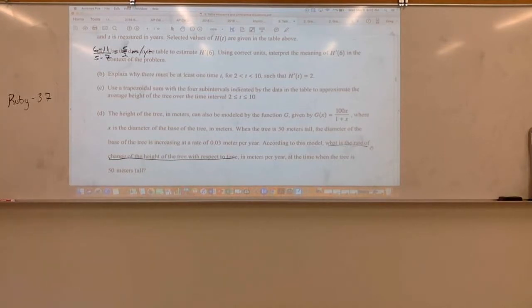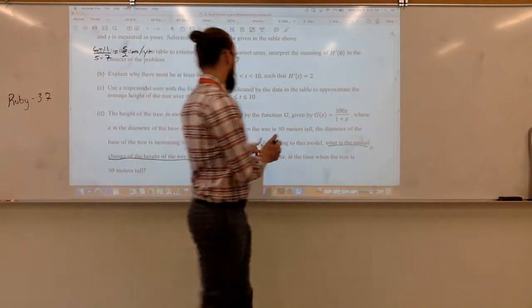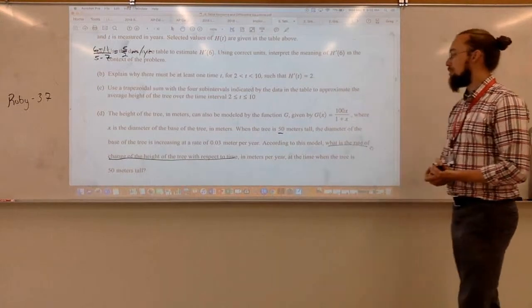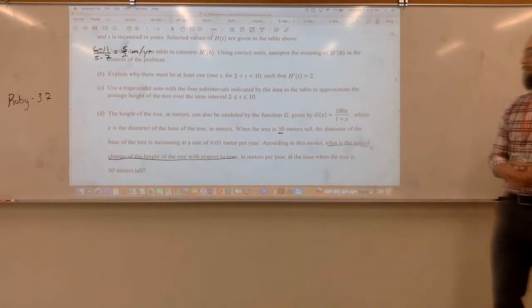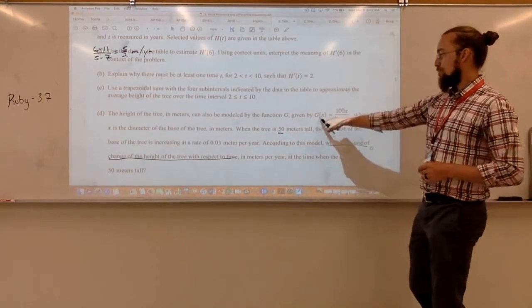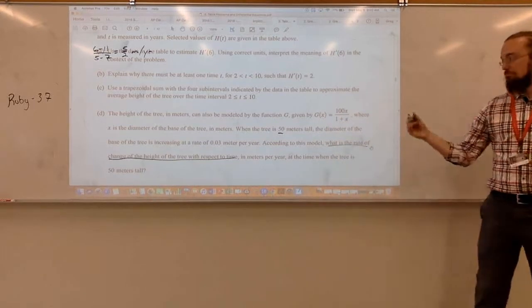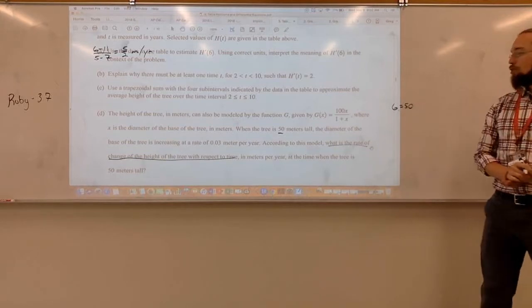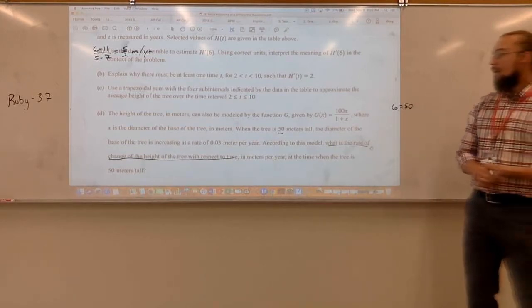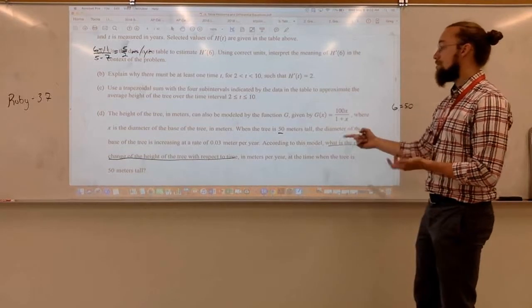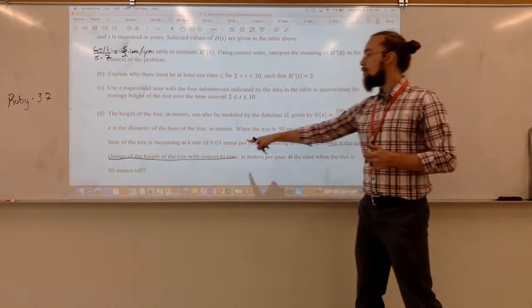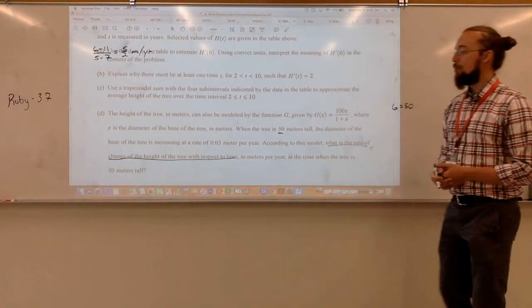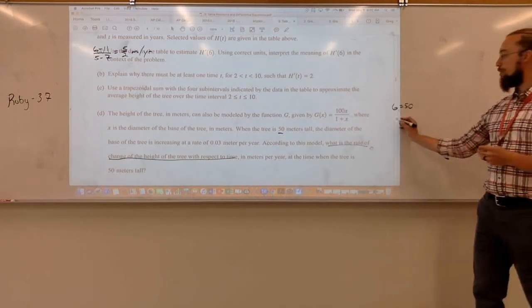Okay, so what we know is that the tree is 50 meters tall. We're saying that G is the height of the tree, so at this moment in time, G is equal to 50. I know that X is the diameter. So the diameter of the tree is increasing at a rate of 3/100ths per year.